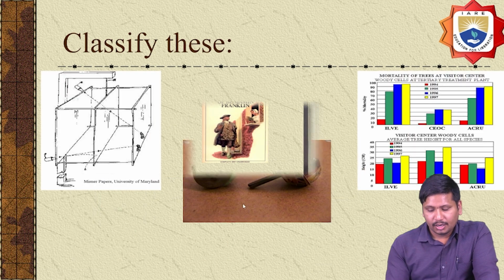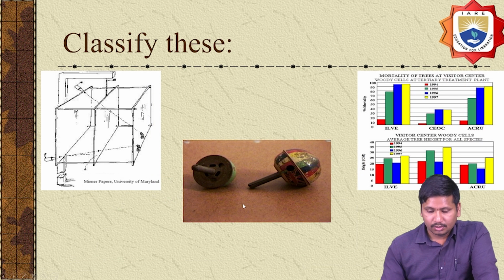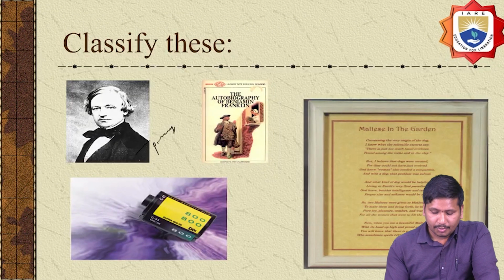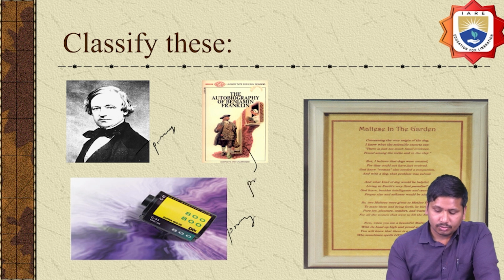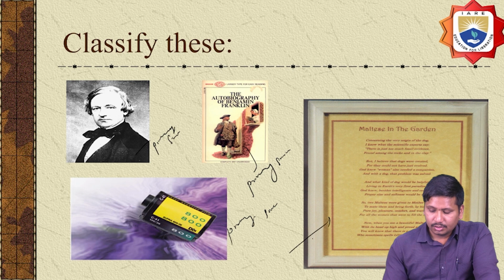And then camera reel. So camera reel will also become an example of primary source. And the autobiography or the magazine or textbook and histories and all should also become examples of the primary source. And then this one also becomes an example of the primary source here.